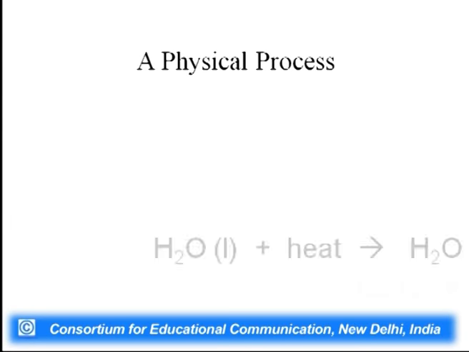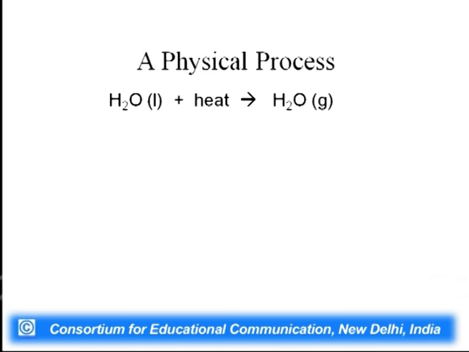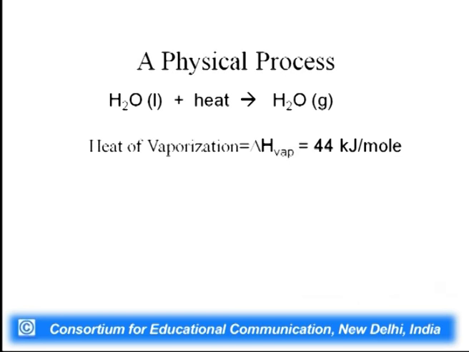Now, what is a physical process? When you apply heat to water in liquid form, it goes to a gaseous form. There is no reaction, only the phase is changing, and that is called a physical process. For this, the heat of vaporization, the heat which is supplied, is equal to 44 kilojoule per mole.